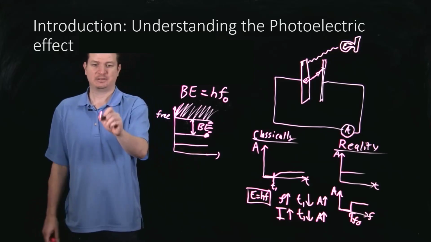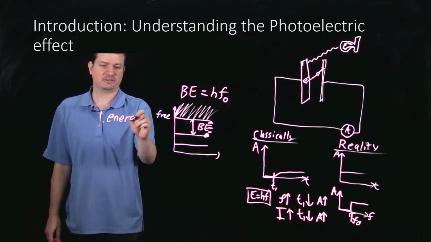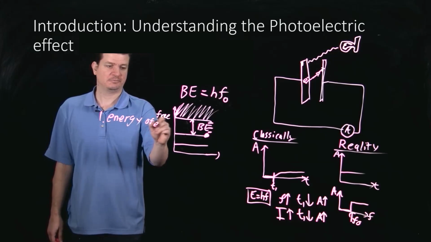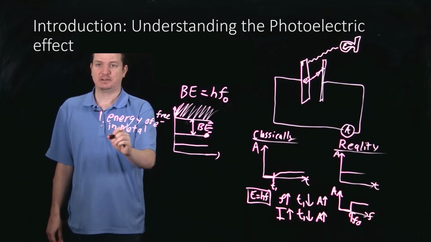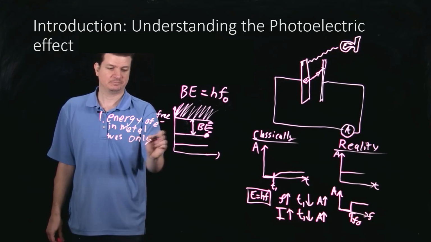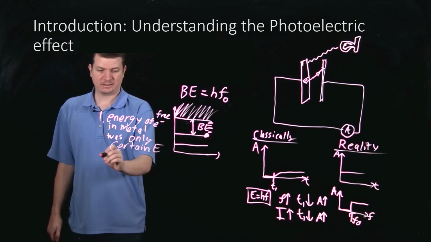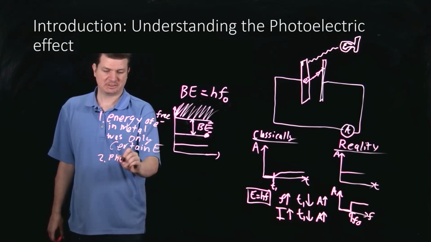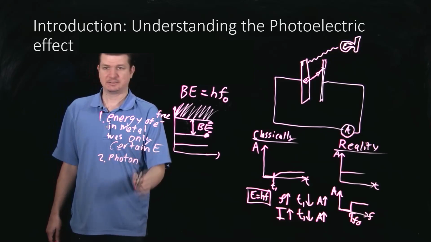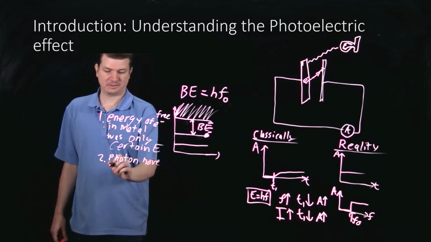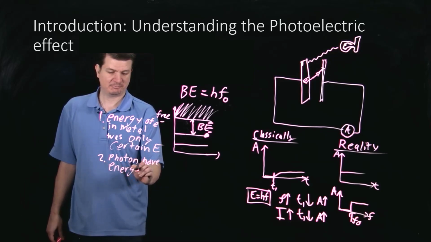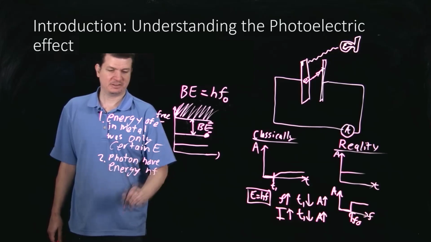One was that the energy of the electrons in the metal was quantized, so was only certain energies. And 2, photons exist, so light is particles, they have energy hf.